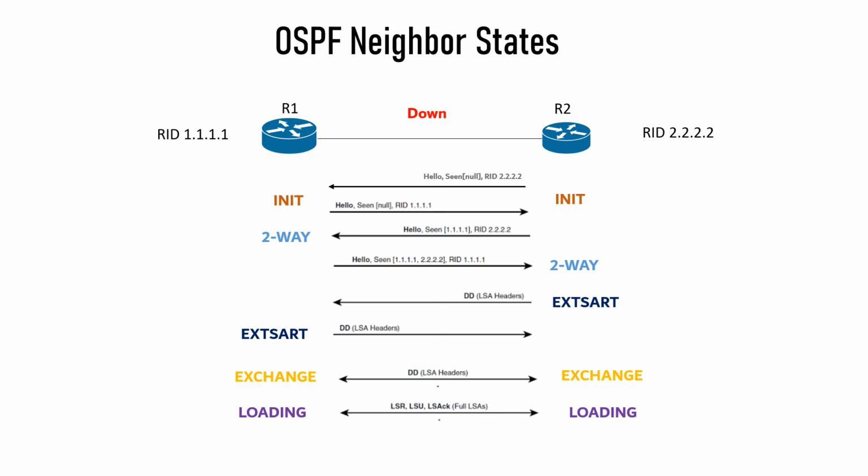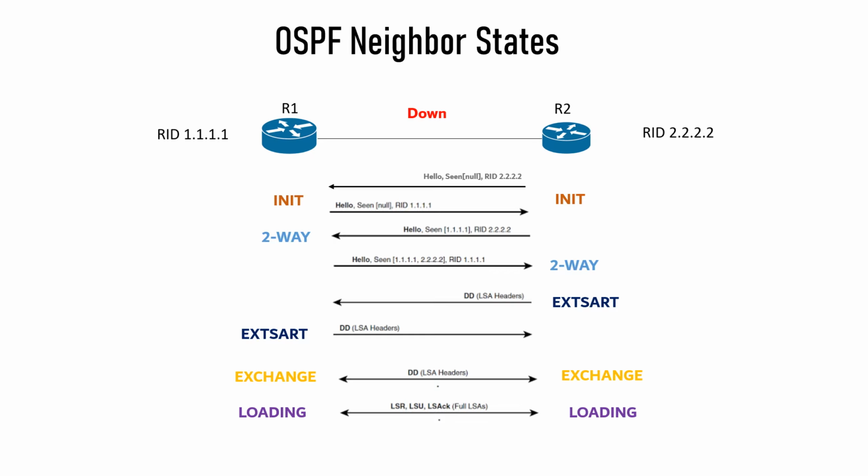In this state, if there are some missing LSAs, the router will request that missing information using a link state request packet, or LSR. The neighboring router will respond with an LSU, that is a link state update packet.